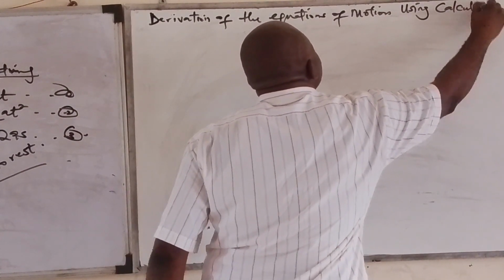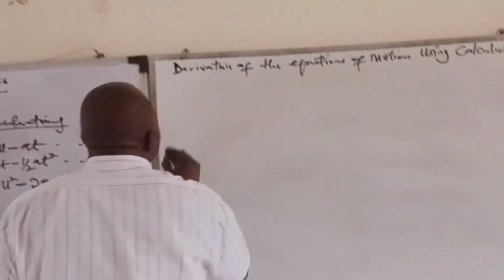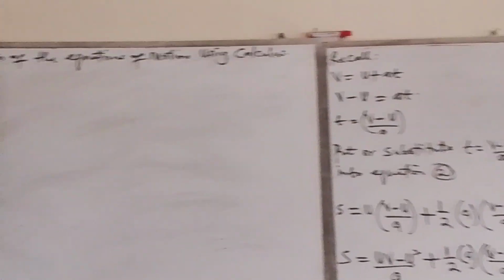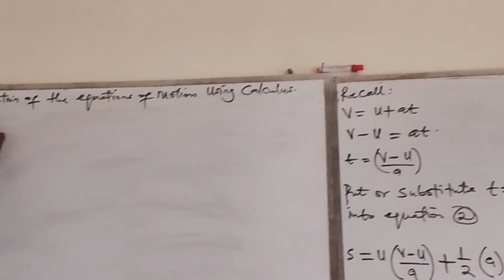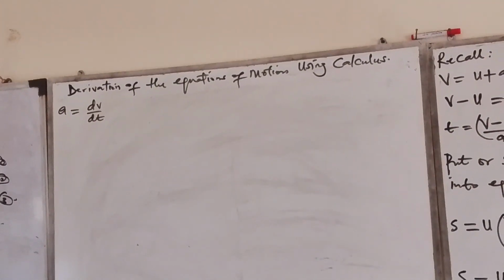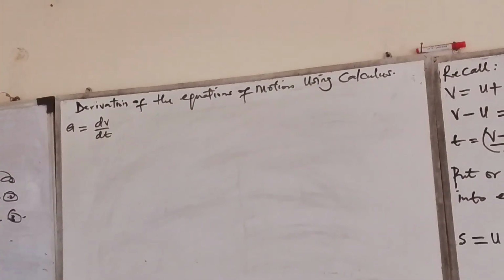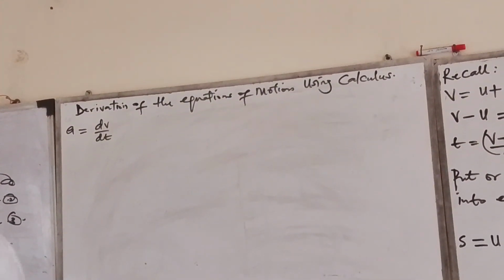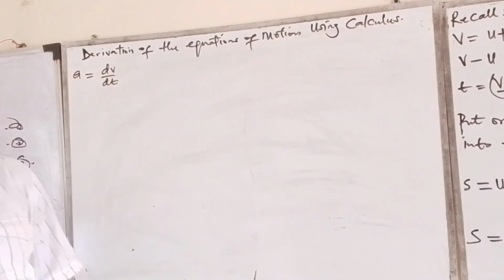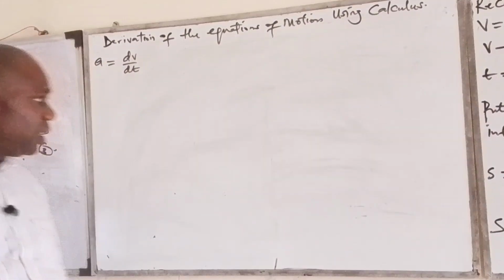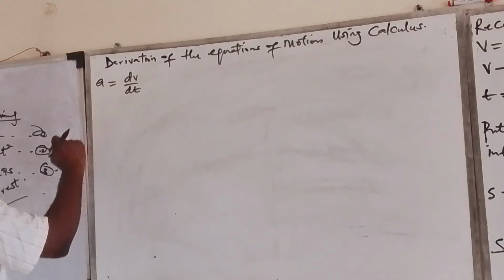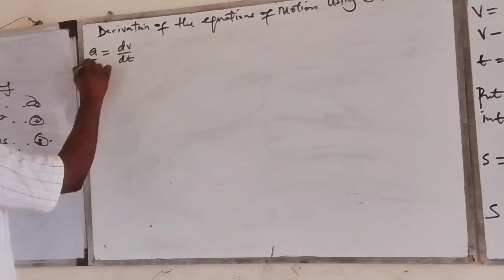Now, a is dv over dt. Yes, a is change in velocity over change in time. That's the rate of change of velocity with respect to time. Now, if a is dv over dt, this is a over 1.